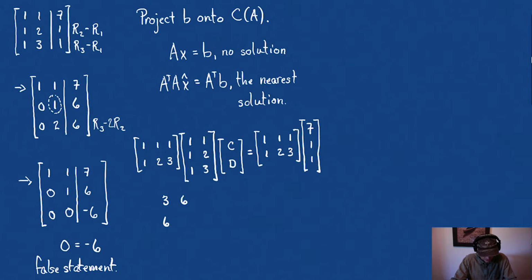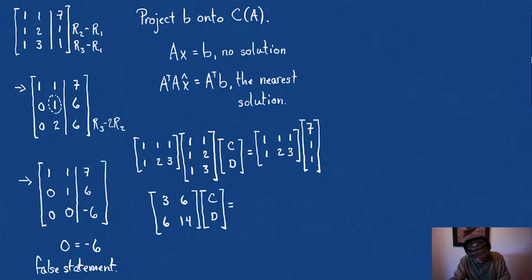And then the bigger one here is 1, 2, 3 dotted with 1, 2, 3. That's 1 plus 4 plus 9 for 14. Times the vector C, D equals, and then this is going to be the sum of the B's. Well, that's going to be 7, 8, 9, and then 7, 8, 9, and 3 for 12. There we go.